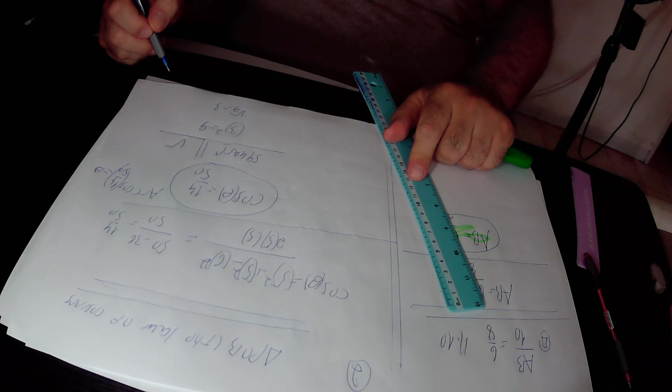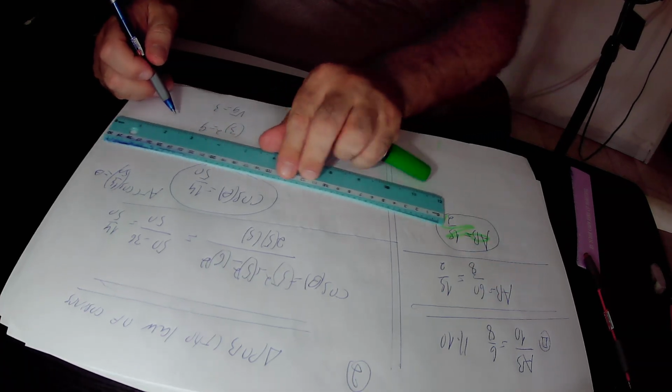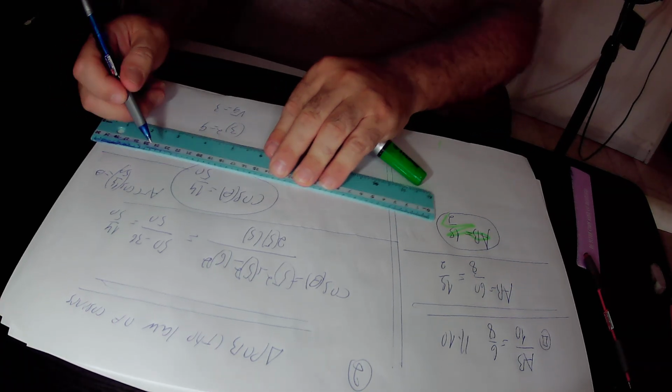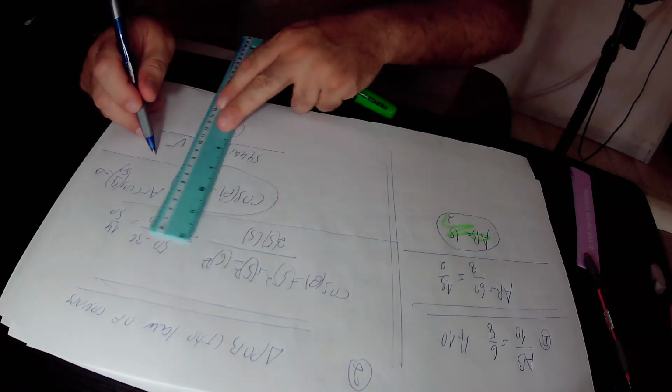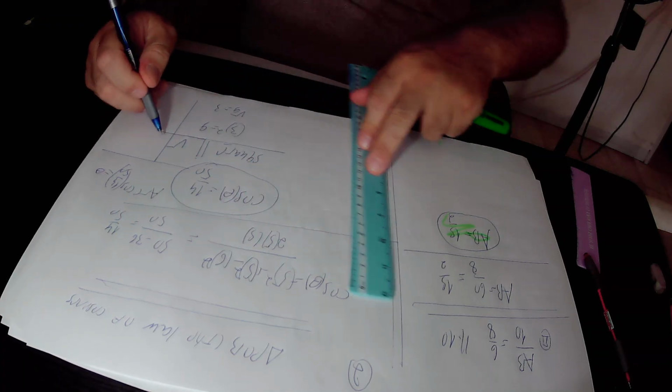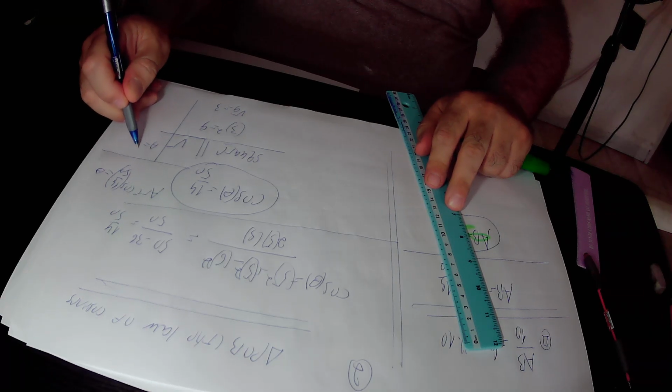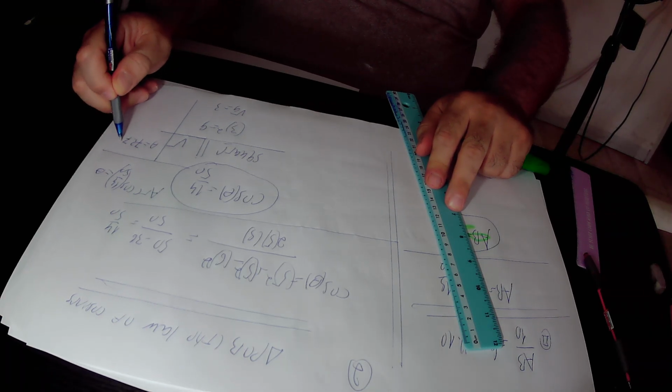Okay? And arc cosine of 14 over 50 is equal to theta, and theta equals 73.74 degrees in its size.